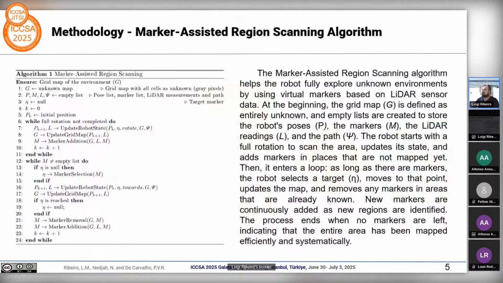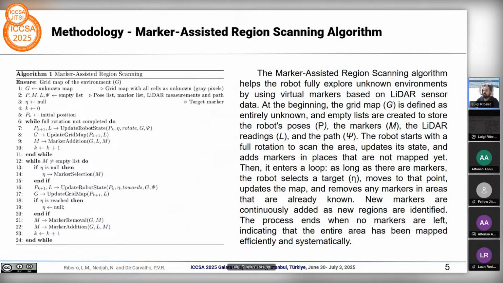The Mark Assisted Region Scan algorithm helps the robot fully explore unknown environments by using virtual marks based on LiDAR sensor data.